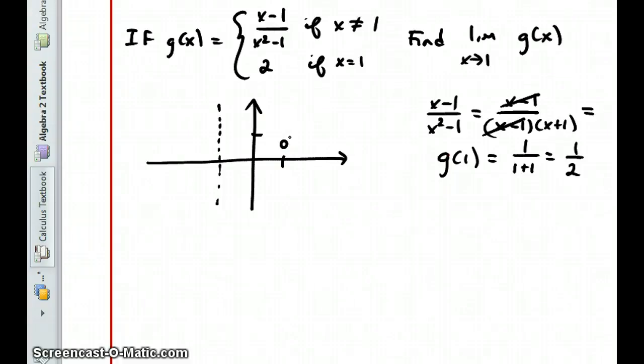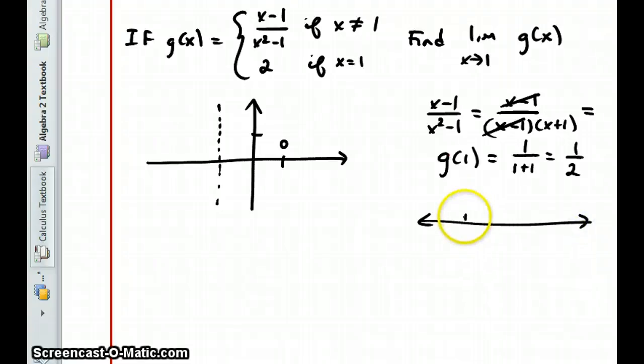Okay. The graph itself, if we look at a sign chart, if we look into the reduced rational function, pick a number less than -1, say -2. We can see that we're going to have a negative, or the graph is going to be below the x-axis.